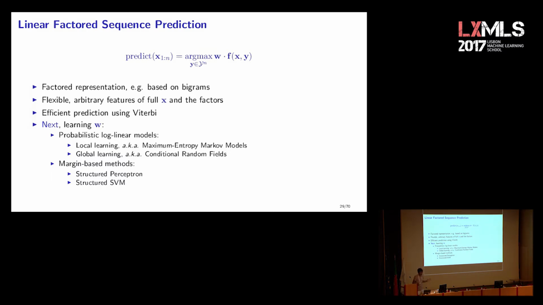I'm not saying that this needs to be used and not the other one, not at all. We also see combinations, and you will see them. What people do now is take some sort of neural network that encodes the full sentence, and then they make predictions on bigrams, and then they use a CRF.